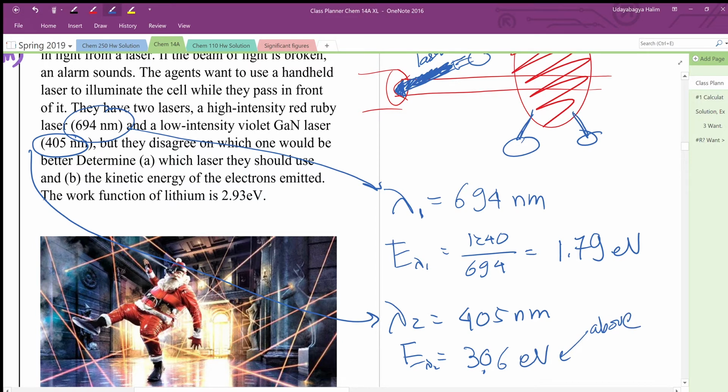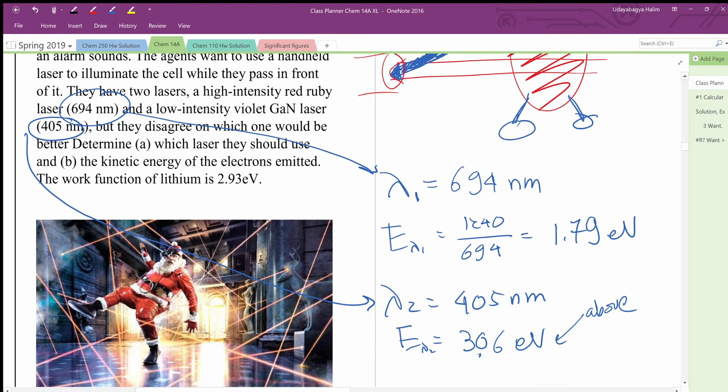Anyway, one useful conversion factor is the 1240, so that way you can figure out the energy fairly quickly in electron volts. This particular problem is just a unit conversion.